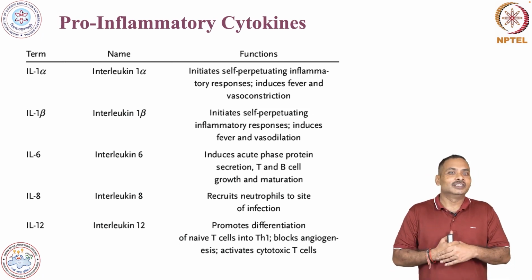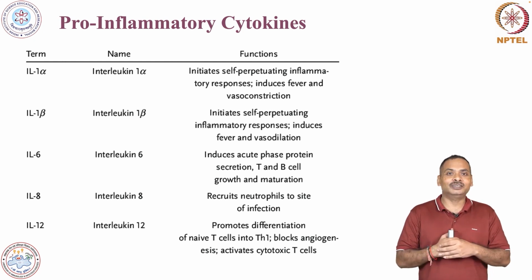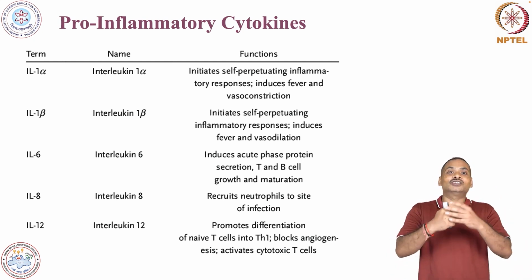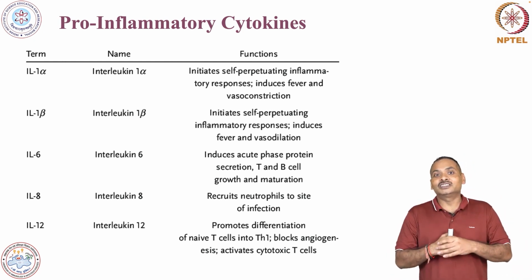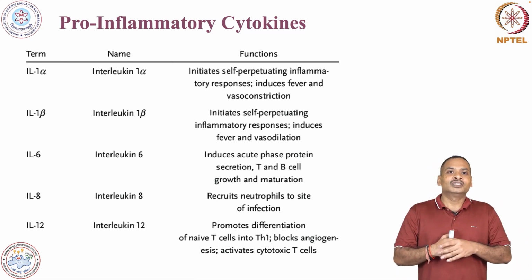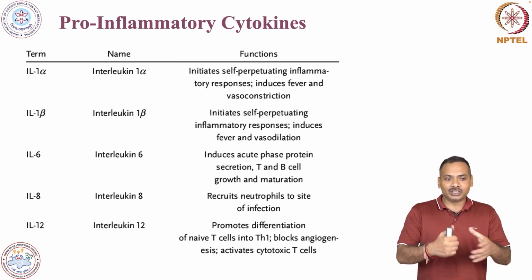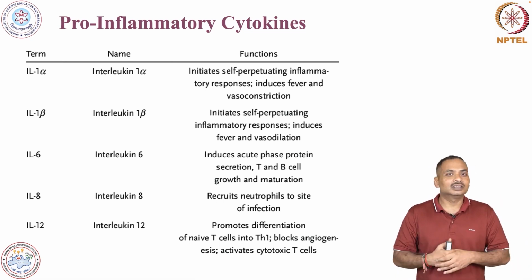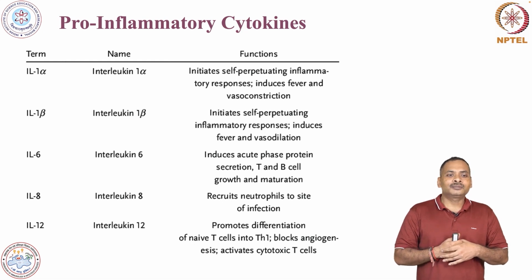You know that neutrophils are extremely dangerous to the pathogen, and too much activation of neutrophils is also dangerous to the host. So neutrophils will be recruited if there is IL-8 over there.